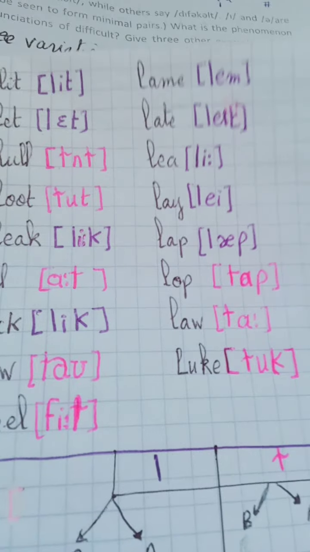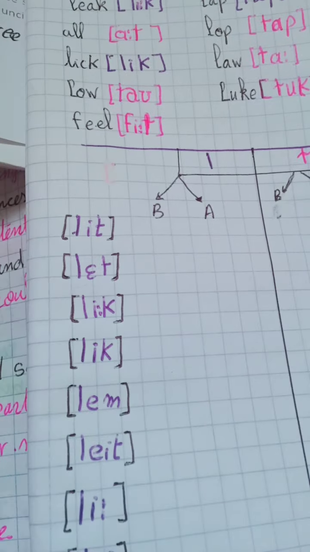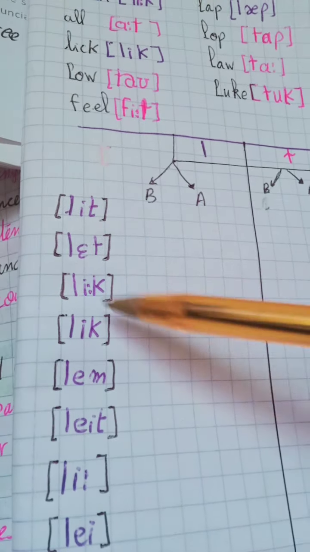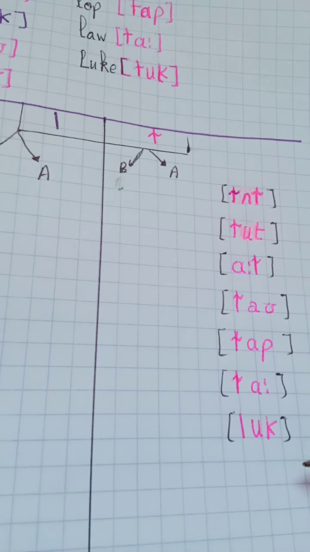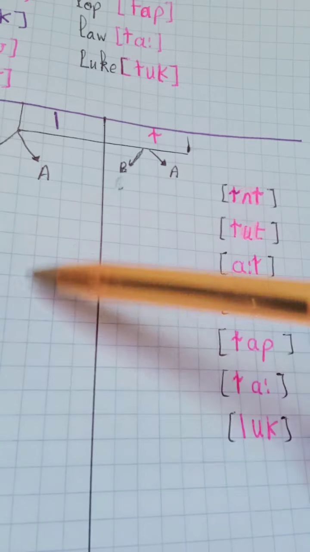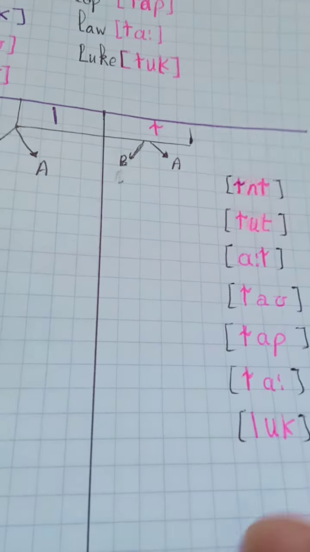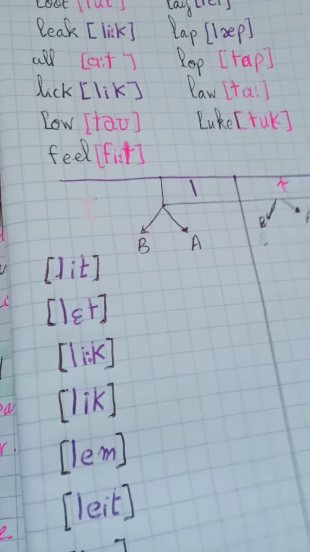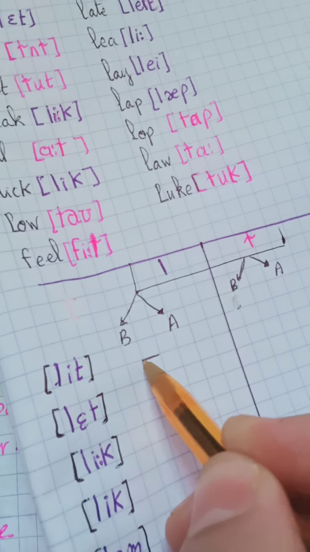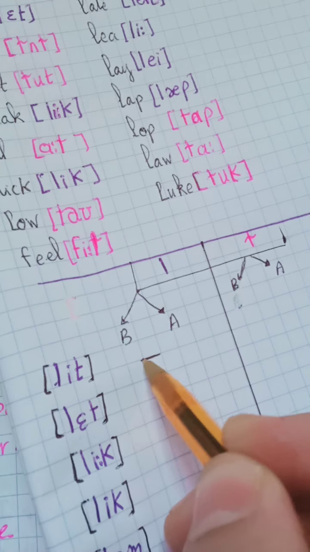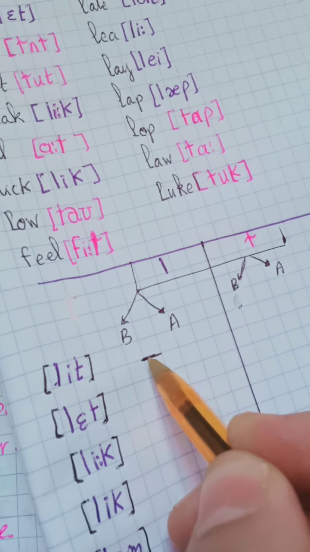Here we write down those words with the light L and with the dark L, and here we will write the environment in which each one occurs. So we write here the allophone we are talking about, the light L.